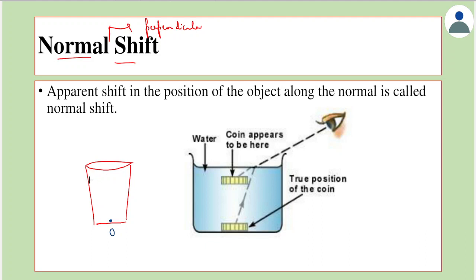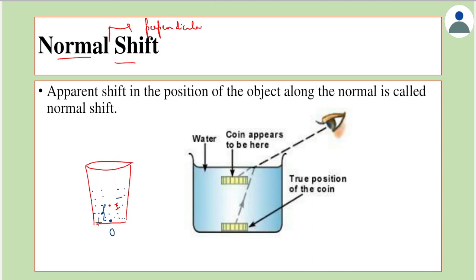Suppose we start to fill water, or some liquid, water being most transparent, and observe carefully, we would find that the object has shifted. We would find the image somewhere here, called I. If you pour more water, it will shift further. This shift between the original position and the apparent position is called normal shift.